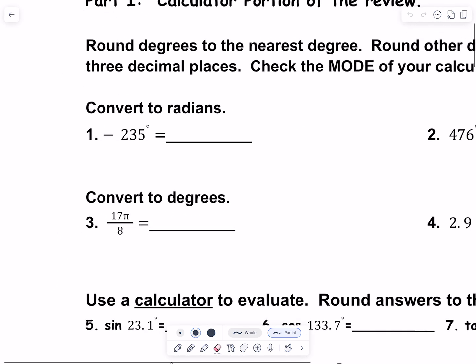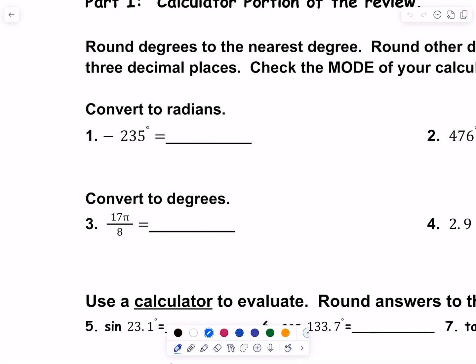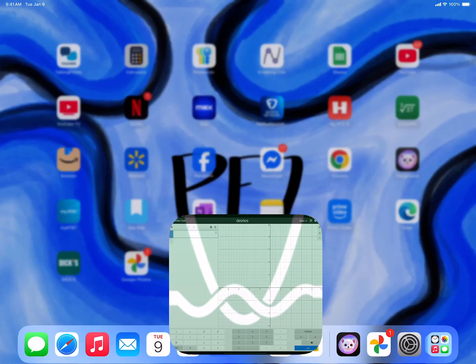Alright, so step number one, you want to convert to radians. To convert to radians, you're going to multiply by pi over 180. So you would do negative 235 times pi over 180. You would type it into Desmos just like that.